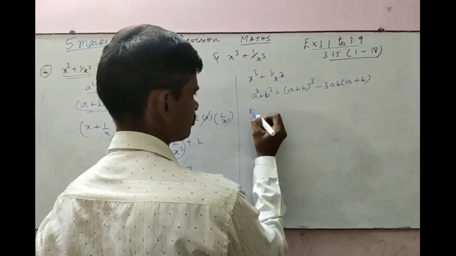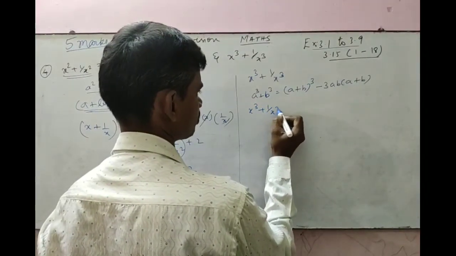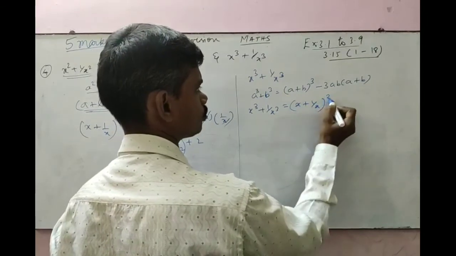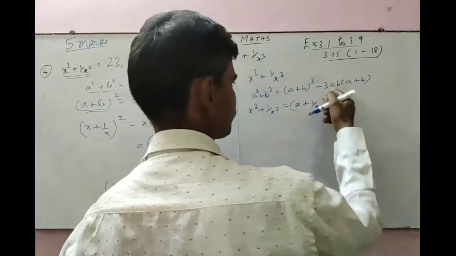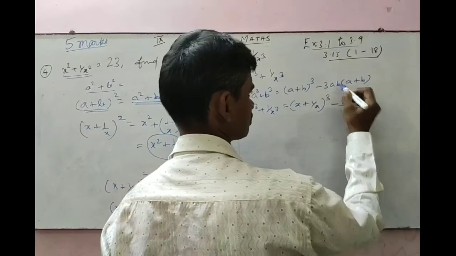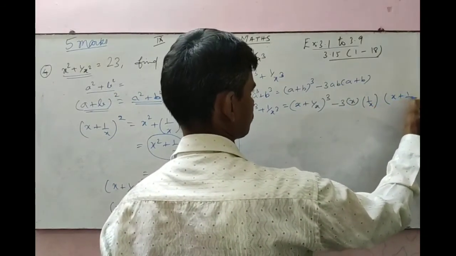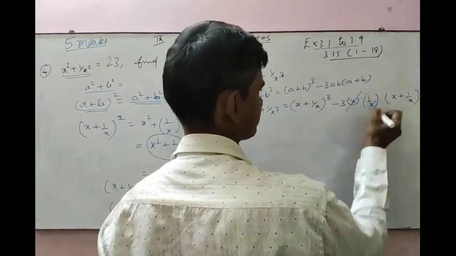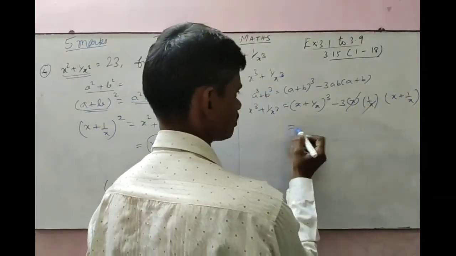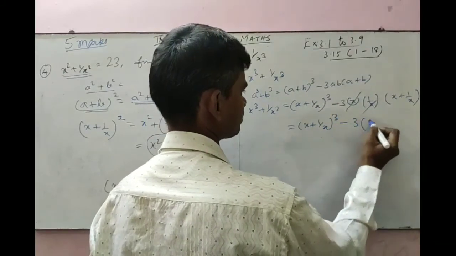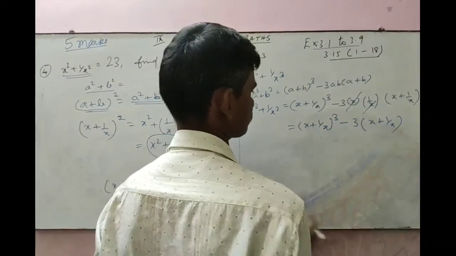By using the same formula here, x cube plus 1 by x cube is equal to x plus 1 by x whole cube minus 3. Instead of a, I am going to substitute x. Instead of b, I am going to substitute 1 by x. Here also x plus 1 by x, but these two x get cancelled. You will get x plus 1 by x whole cube minus 3 into x plus 1 by x.